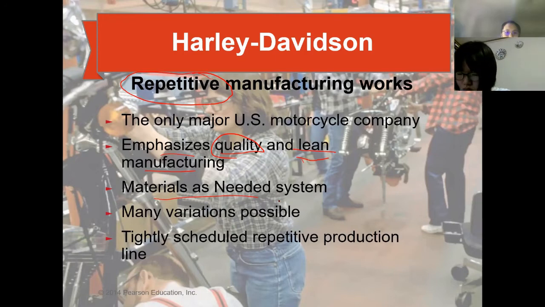And there are many variations possible, because in car manufacturing, for example, there are different models. And in repetitive, it is a very tightly scheduled production line. There is takt time. There is a cycle time for you to complete one cycle.